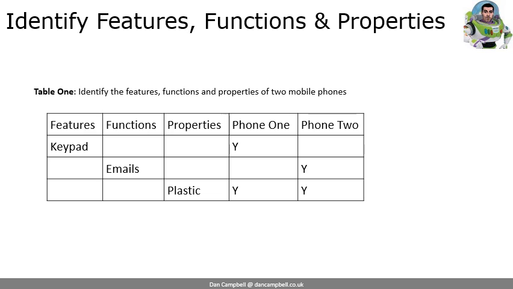But from this comparison table, we can see that there's a feature, in this case a keypad, and we know phone 1 has got a keypad but phone 2 has not. And we've got a function, emails, and we can see that phone 2 does emails and phone 1 does not. And we can see that both phones have plastic. Obviously there'll be a lot more features and functions. But this is the first step to be able to move into a comparison.